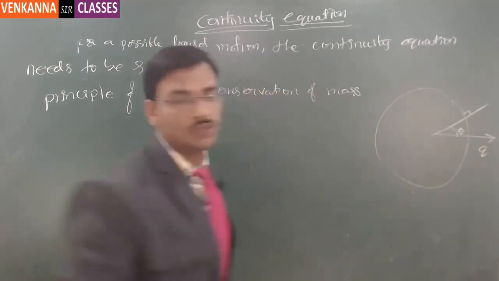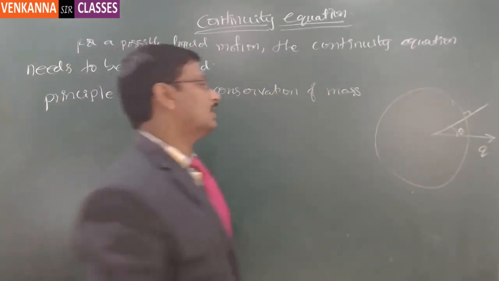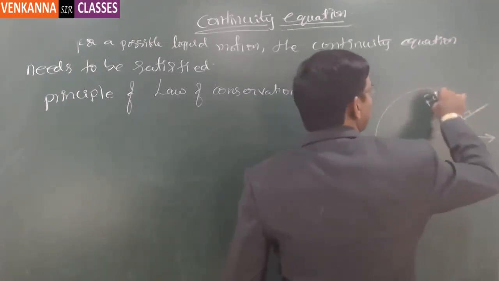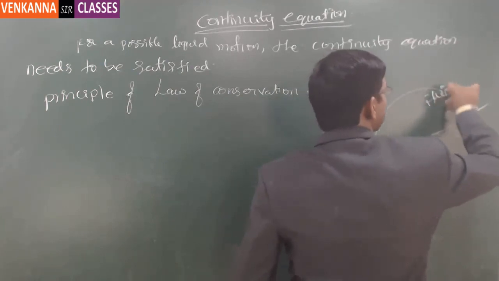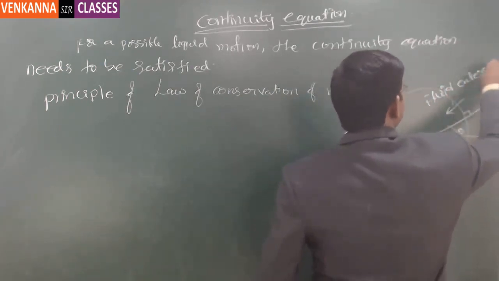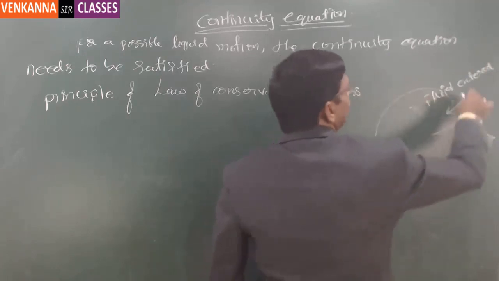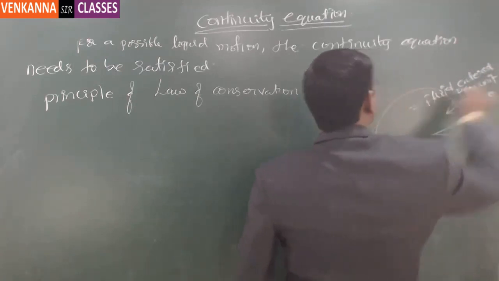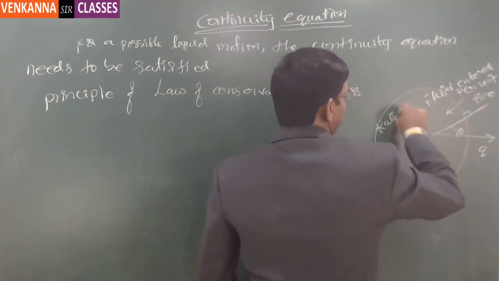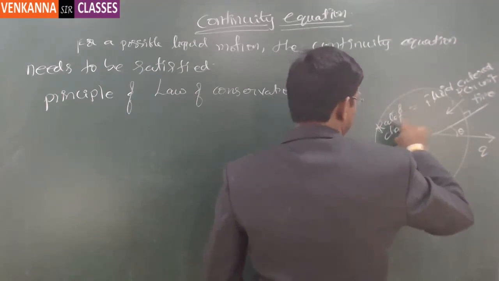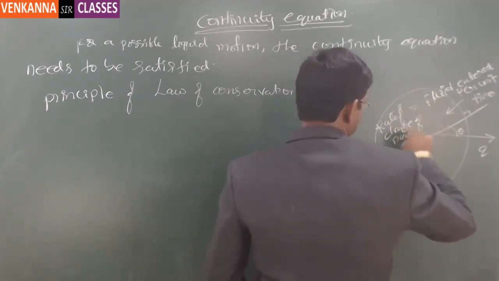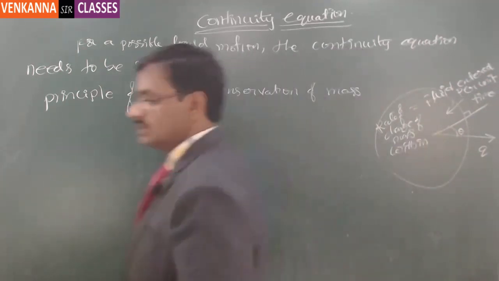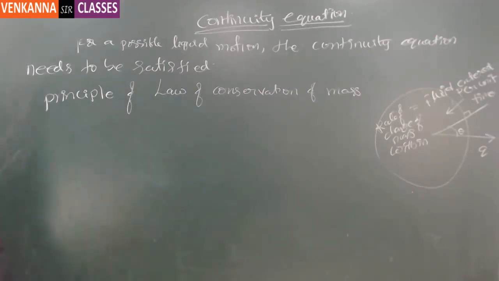If the fluid is moving out perpendicular to the surface, then whatever fluid, if you consider in the opposite direction, fluid entered, this should be equal, per unit time, to the rate of change of mass within the closed surface. So this is the basic principle that was used to find the continuity equation.